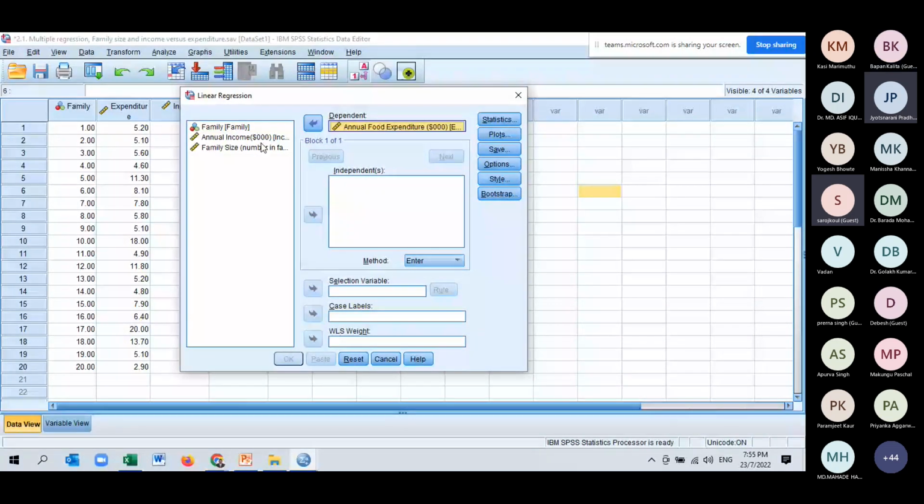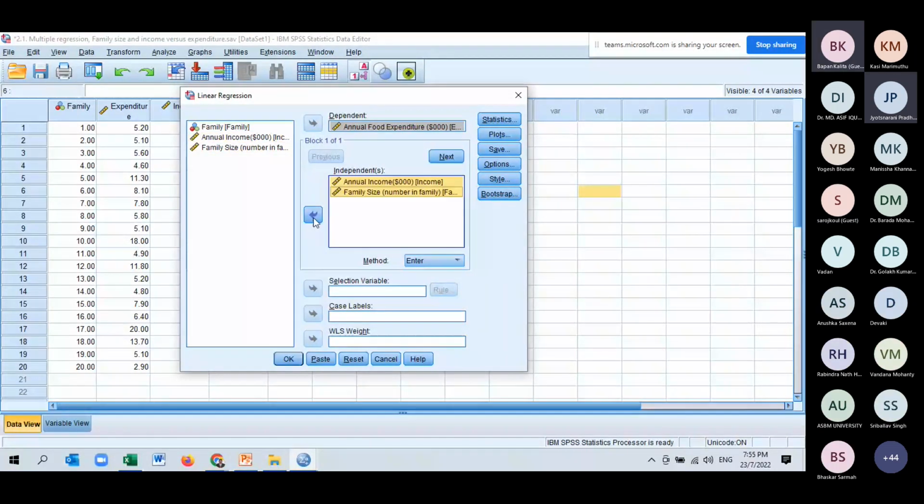So annual income and family size should go into the independent box. Sorry, I made a mistake, I took family also. No. The independent variables are income and family size; how do they influence expenditure? Increasing family size, increasing income, is there any relationship with expenditure? Yes, sir. So we can predict.